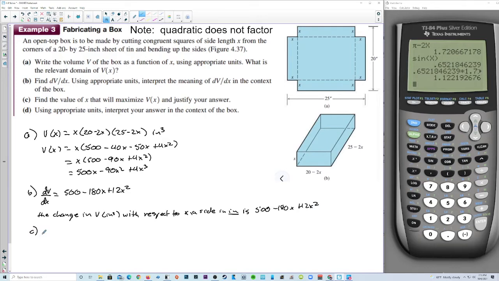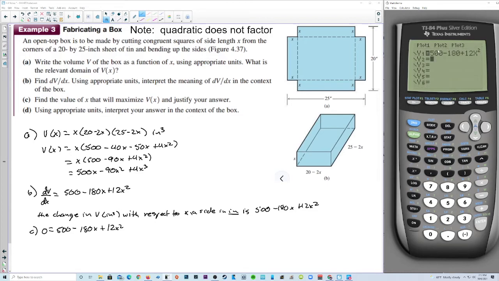Letter C, find the value of x that will maximize V of x and justify your answer. Now we need to set this equal to 0. And I said this doesn't factor, so we're going to have to use the calculator to find the decimal answer for this. We have y equals 500 minus 180x plus 12x squared.